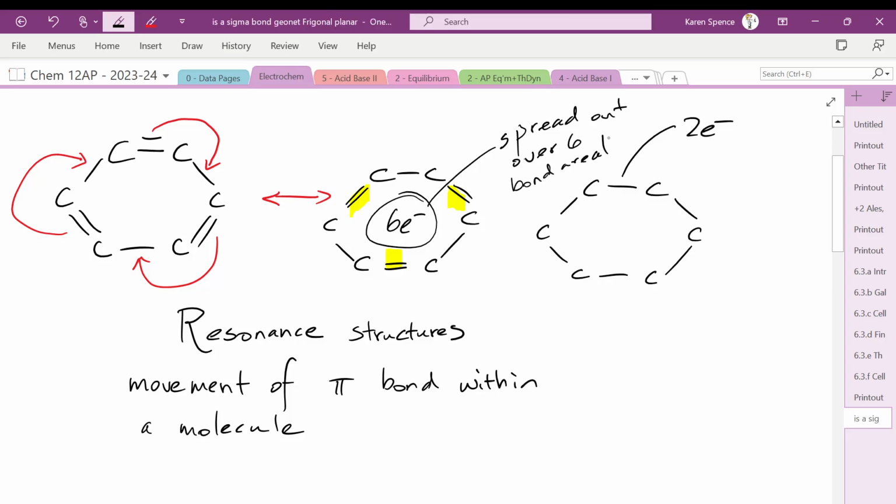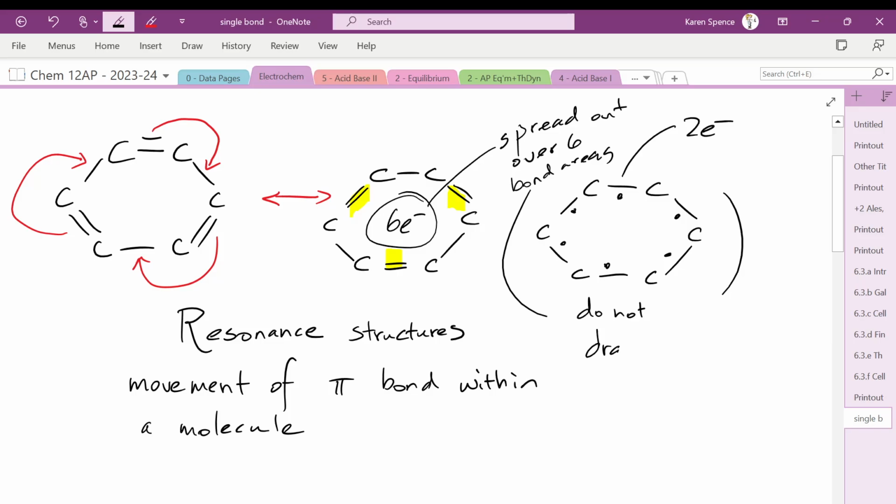So in essence, you would never ever draw it like this. You would have electron, electron, electron, electron, electron, electron, but we never draw it like that. Okay? What we would do, I'm just going to put this in brackets, do not draw this.